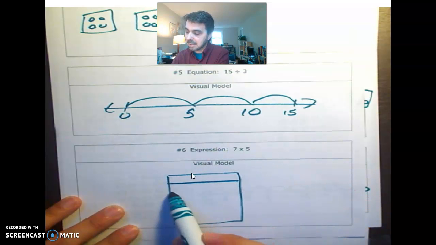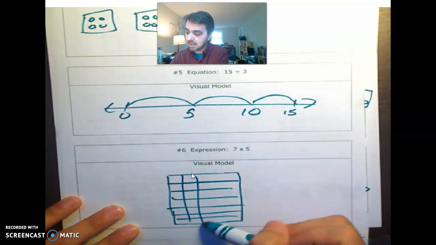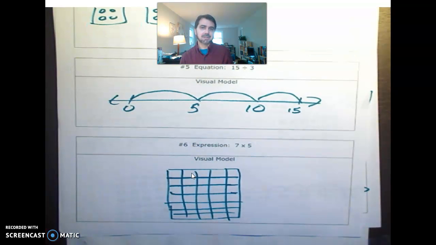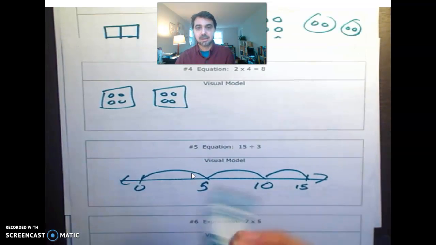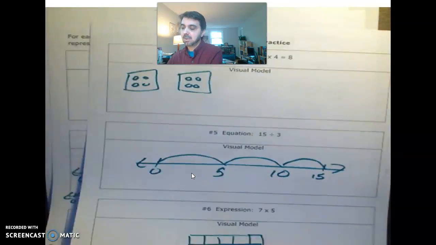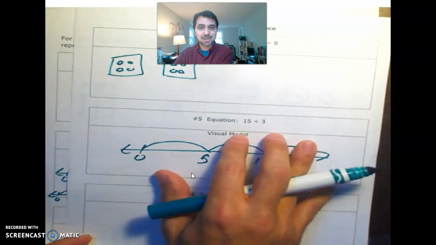So we draw 6 lines, 1, 2, 3, 4, 5, 6, and 4 lines, 1, 2, 3, 4. Area model is a little bit more challenging to draw, but the idea is that you just draw one in each. And if you like the number line, then use that. If you like the equal sets, then use that. Okay. All right. So if you need to finish anything up with this, please do that.